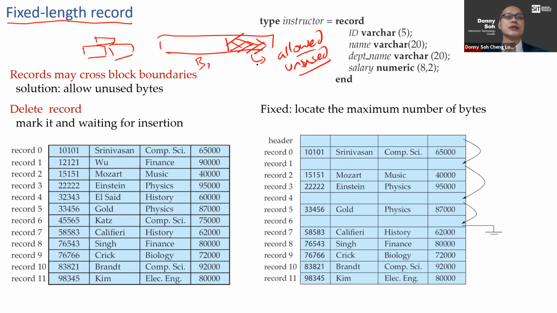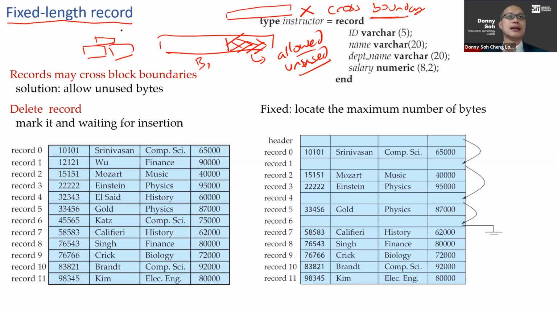So this is the solution. This will ensure that our records will never cross a boundary. It's something that we want to avoid, mainly because we want to avoid the situation whereby at any point of time we may need to retrieve 2 blocks in order to read a single record. That is the situation that we want to avoid.